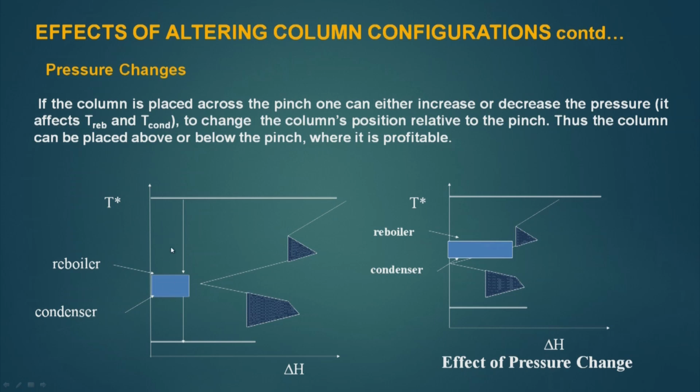In both of the cases, I will be able to integrate it properly, because if it is integrated above the pinch, it is considered to be good integration. If it is integrated below the pinch, it is also a good integration, because above the pinch and below the pinch it will be profitable integration.